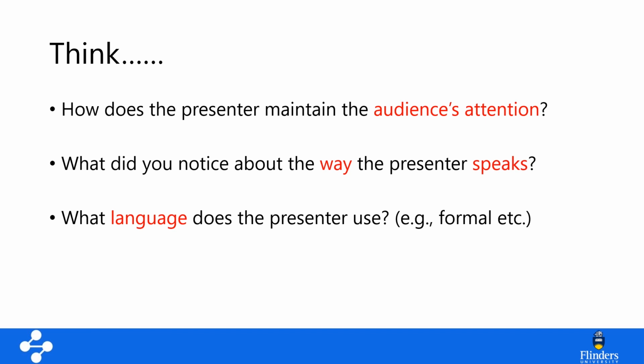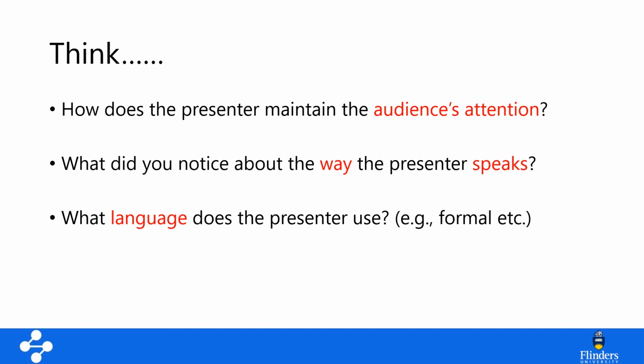Now, as you watch the videos as well, think about the way the presenter speaks. Has the presenter modulated the pace? Has the presenter increased the tone or the voice or the loudness? Has the presenter used certain kinds of visuals to help present?